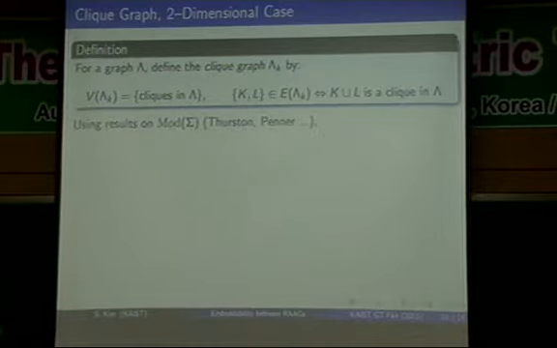So I'm going to describe. So the union is contained in a clique? Same thing, right? Because any subgraph of a clique is a clique.